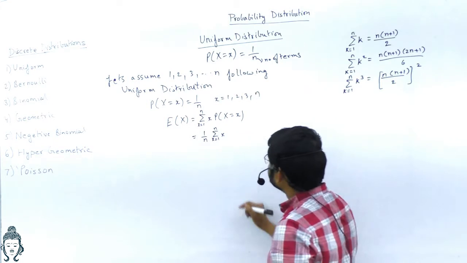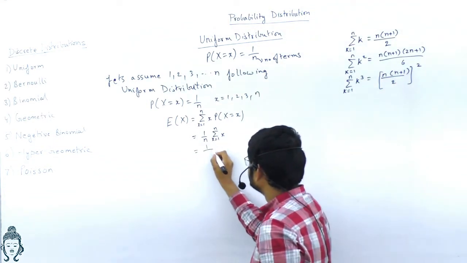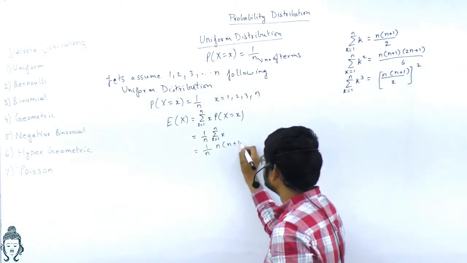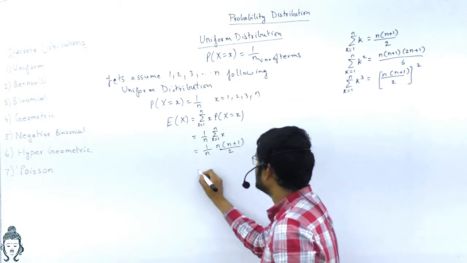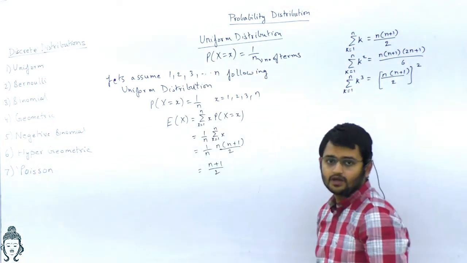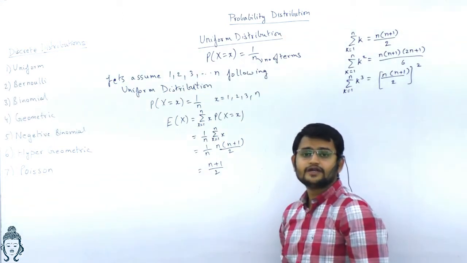So here this is nothing but the sum of the first n natural numbers. So I can write it as 1 by n into n into n plus 1 by 2, or you can say it is nothing but n plus 1 by 2. Now let's assume I have a dice.